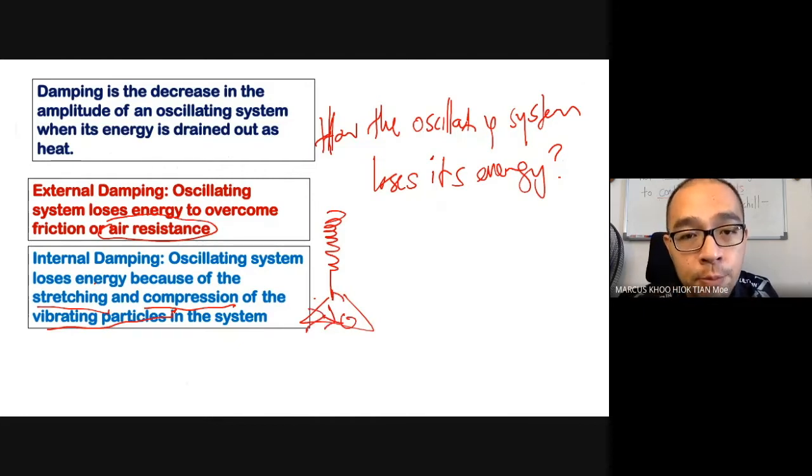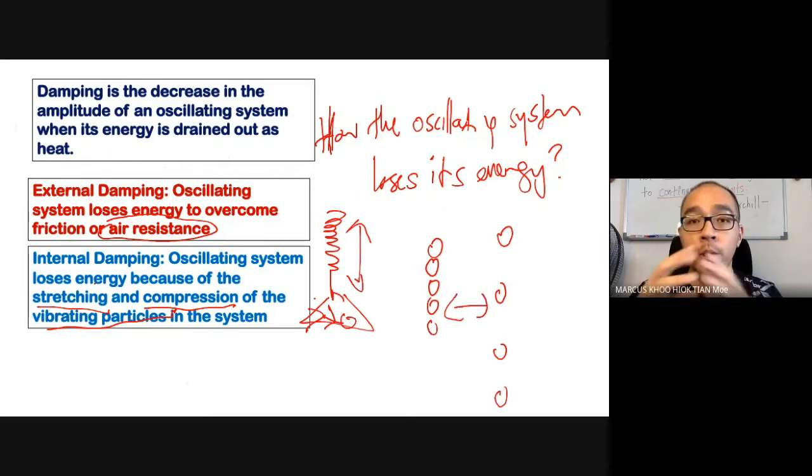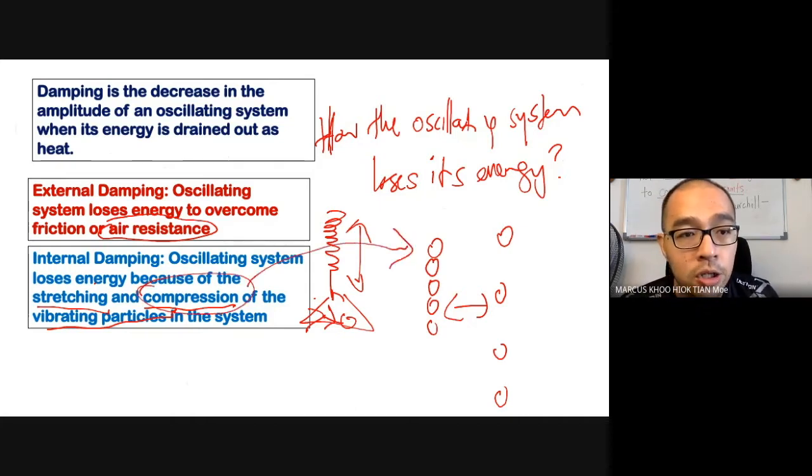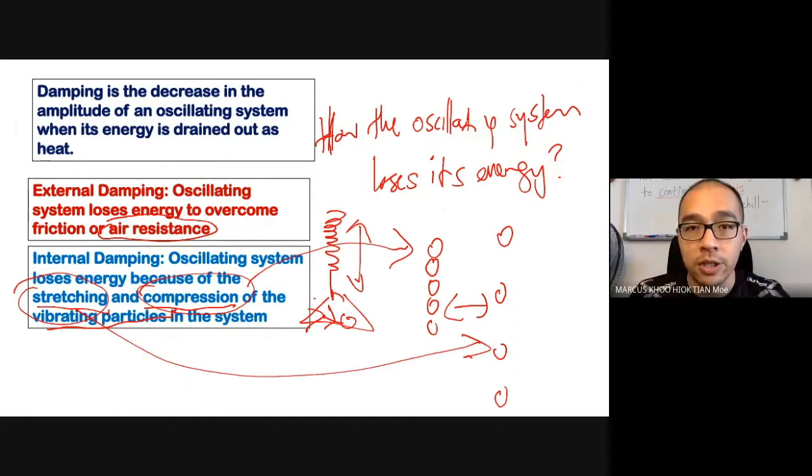So when the spring is going down and up, down and up, think of the molecules in the spring. Sekejap, they will be very close together, and then sekejap, they will be very far apart. So they go back and forth. This is compression, and then stretching is this one. Compress, stretch, compress, stretch, compress, stretch.